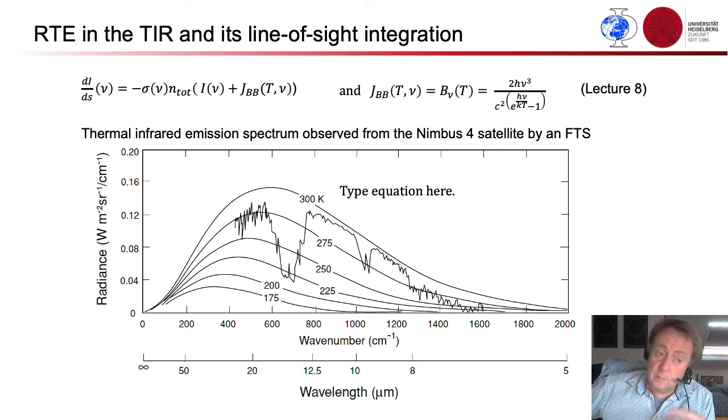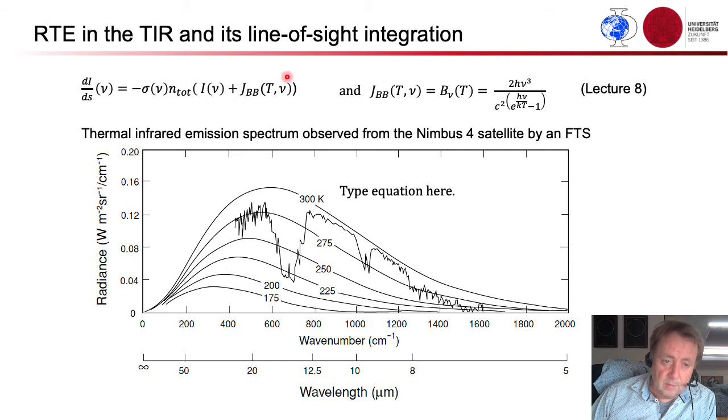And we went one step further and we derived the radiative transfer equation, which says what is the change of the radiance along a certain distance ds. And then we came up with that equation, where we see that the first term is the Bouguer-Lambert-Beer absorption law. We have the cross-section, sigma, at a certain frequency times the total number of particles in a certain volume, that is the density, times the radiance, and then we have in addition the source function.